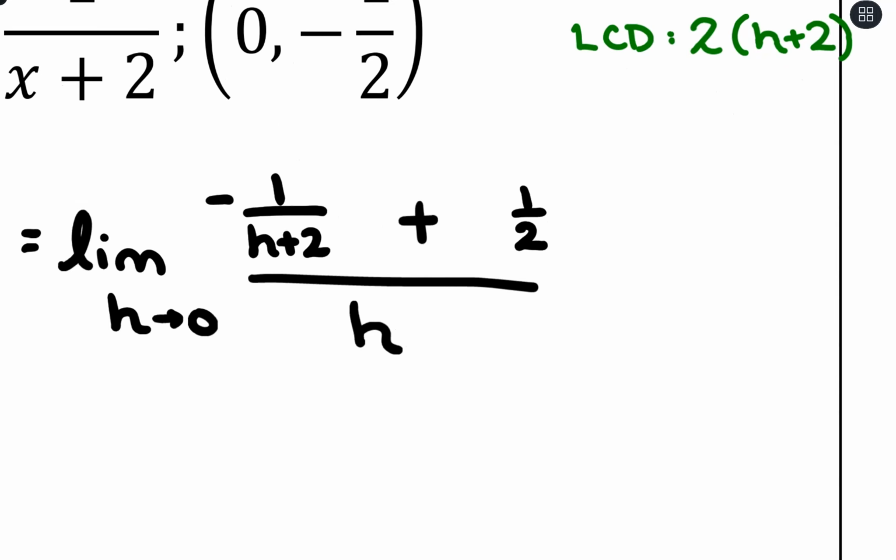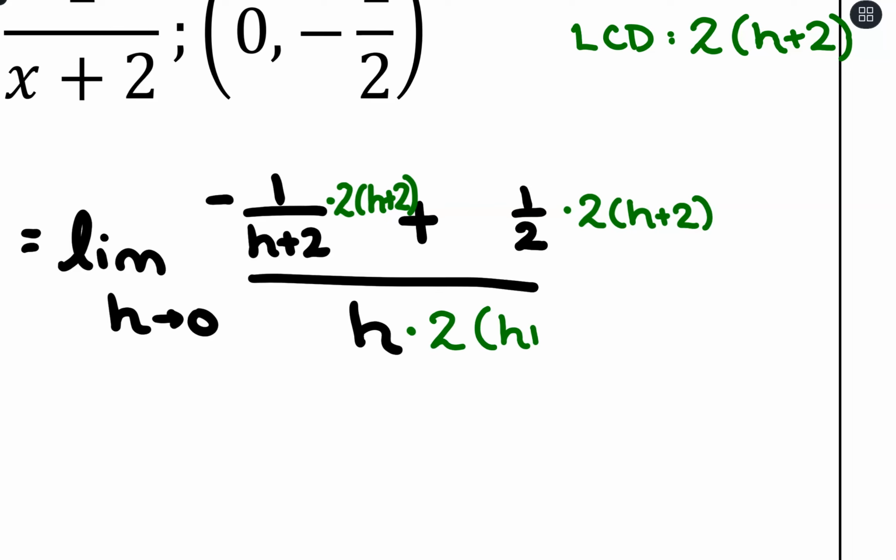So what I'm going to do is multiply across the numerator. So we're going to have a 2 times h plus 2 there, and a 2 times h plus 2 there, and in the denominator, 2 times h plus 2 multiplying there as well. And we should get some nice cancellations here.